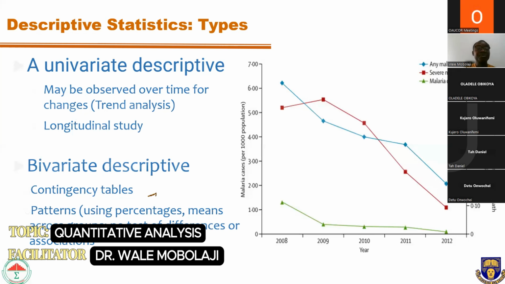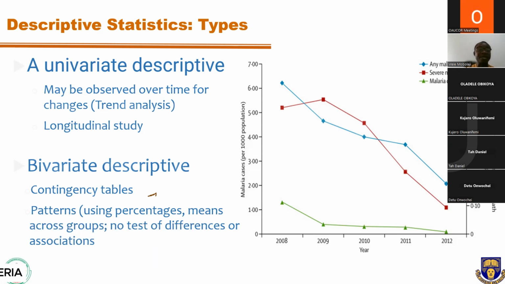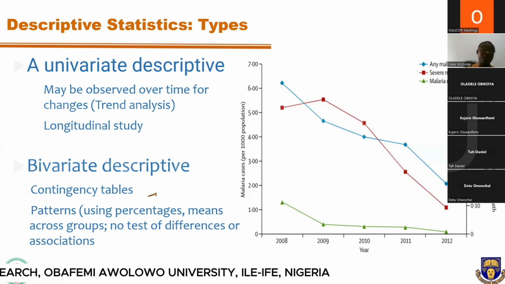Now, other univariate descriptive analysis you could carry out if you are dealing with longitudinal data or panel data, you could look at trend. You look at trend over time. So, that's univariate.